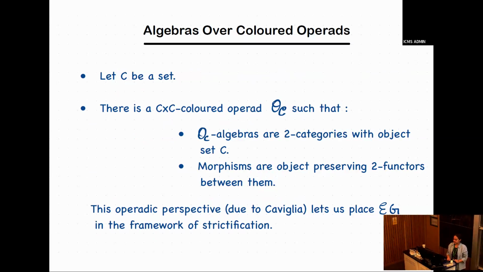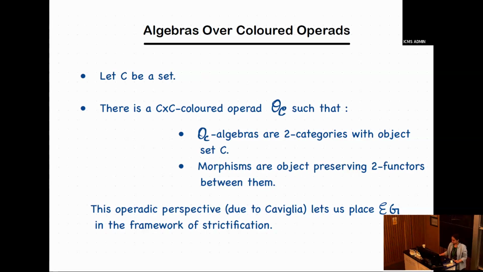So let C be a set. There is a C cross C colored operad O_C, such that O_C algebras are two-categories with object set C. So we are trying to fix the object set. We know both EG and EG op have the same object set, and we try to use this property there. Morphisms are object-preserving two-functors between them, and this operadic perspective is due to Caviglia.